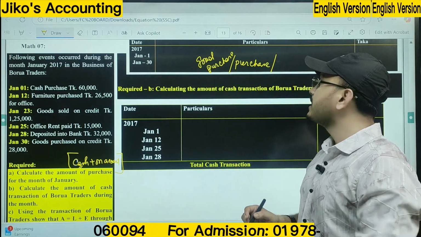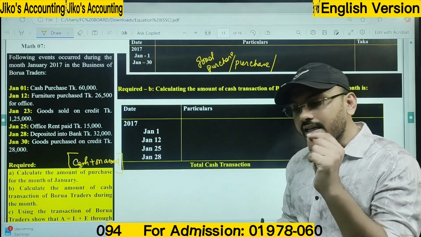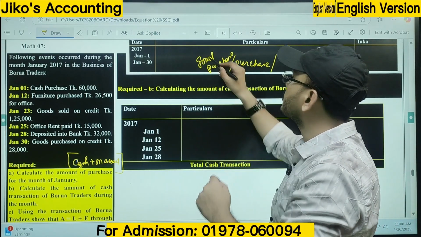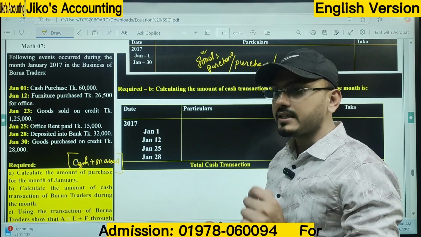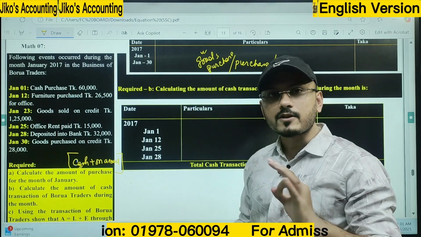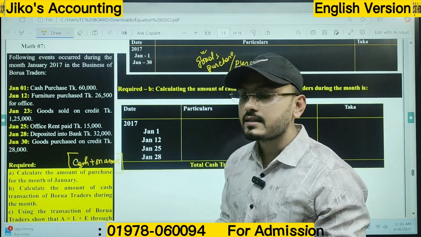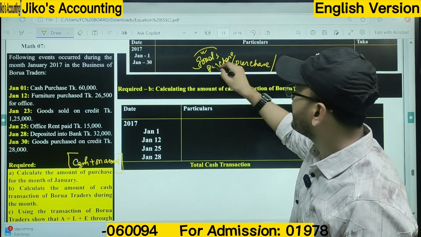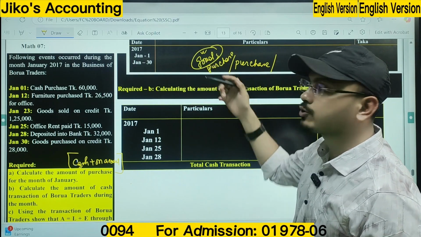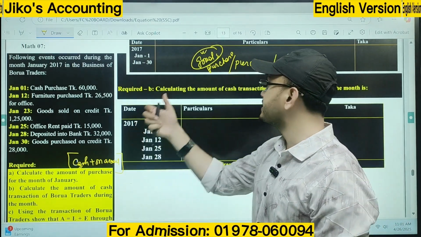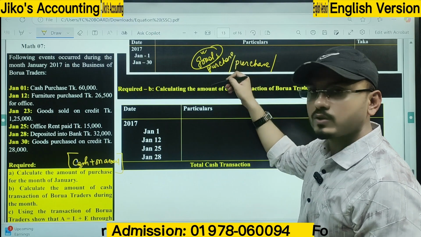If you are told only the keyword purchase, that means only goods purchase, only merchandise purchase. Is it clear? Not purchase of any fixed assets, because there is no account by the name goods. Instead of goods, we write purchase account. That's why purchase account indirectly means only goods purchase.